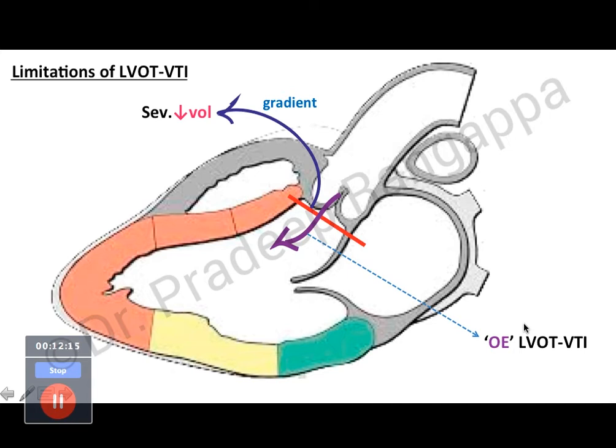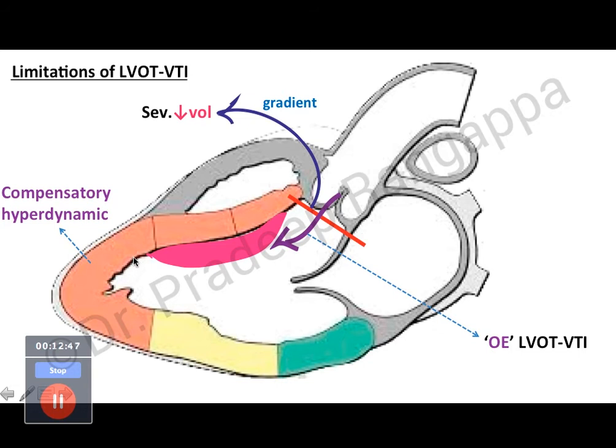So in the presence of aortic regurgitation, if LVOT-VTI is low, it means the patient is very dysfunctional. Because it overestimates as it is, if it is already low, it means that LV function can be very poor or there can be severe hemodynamic compromise.